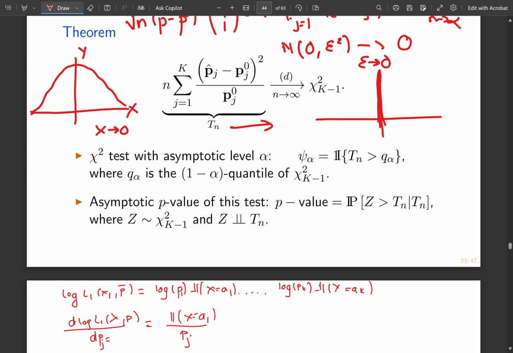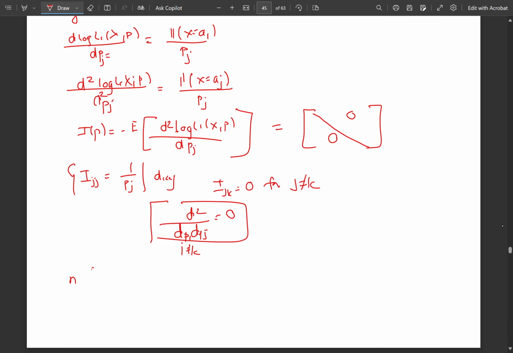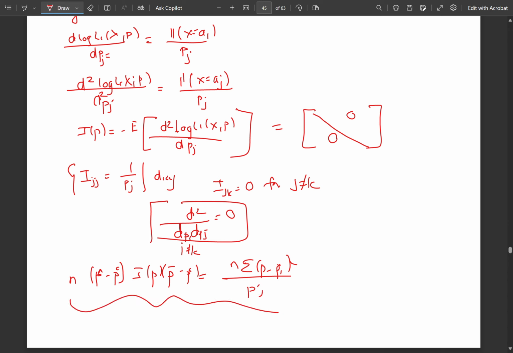That is, this expression n p hat minus p naught, Fisher information times p hat minus p naught, is equal to the expression provided in the slide, n times the summation of p hat minus p naught square over pj. This is exactly what we get.